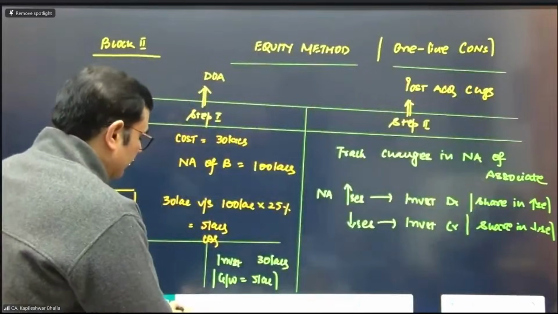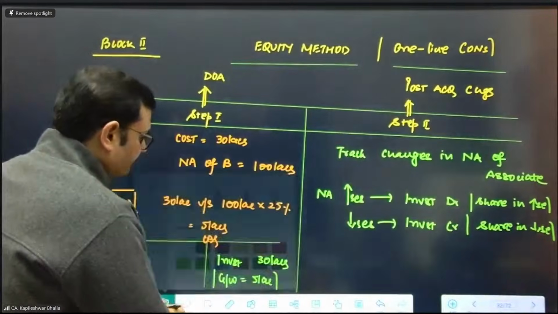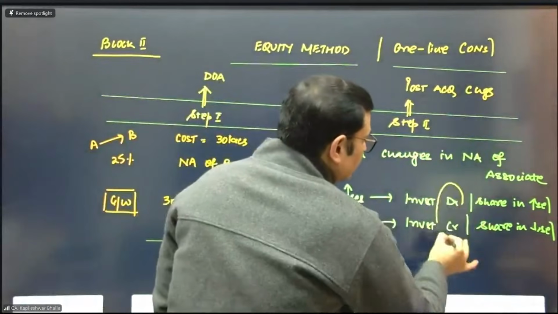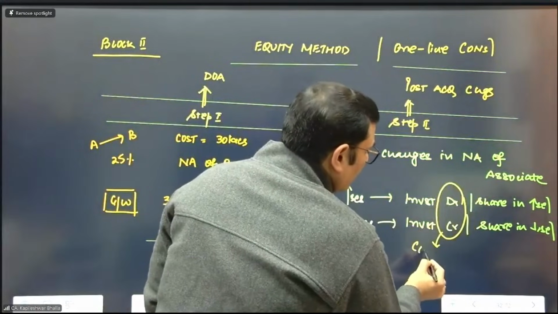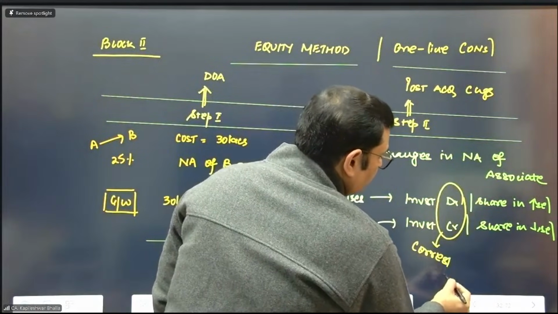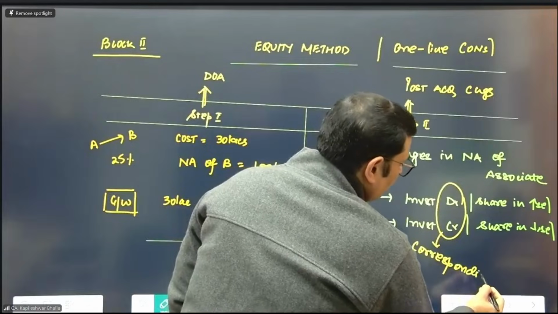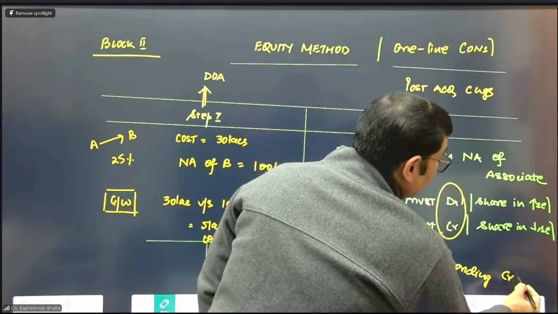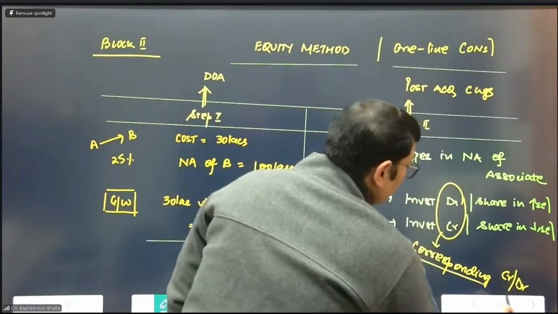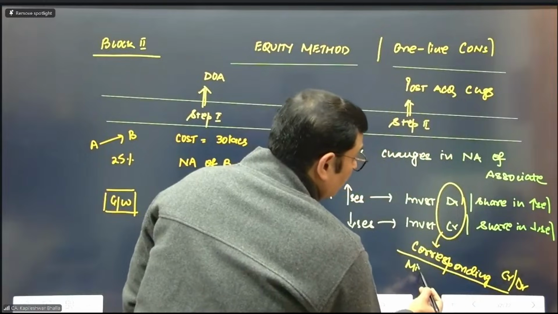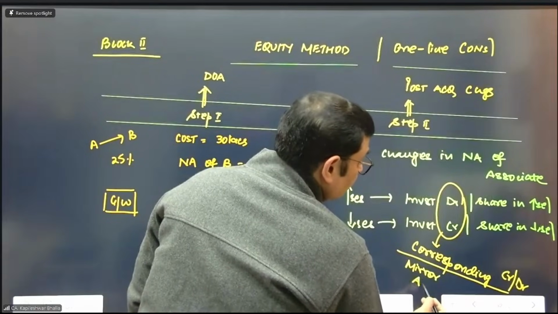So you can say the second aspect, that is the corresponding credit or debit. If I'm asked for the corresponding credit or debit, we are going to use what I call mirror accounting.